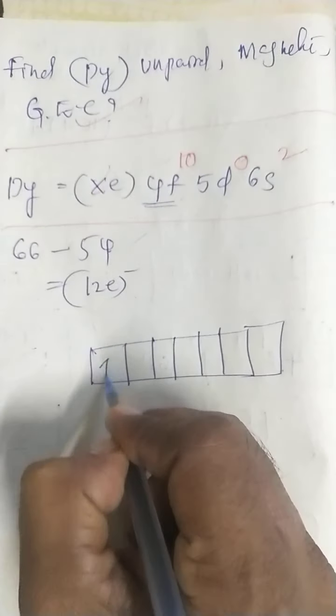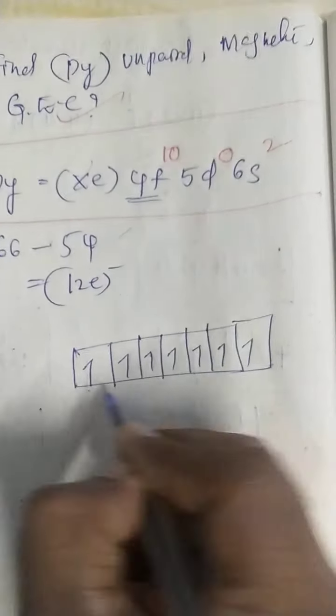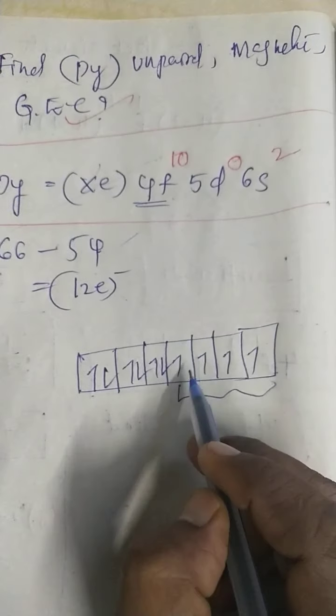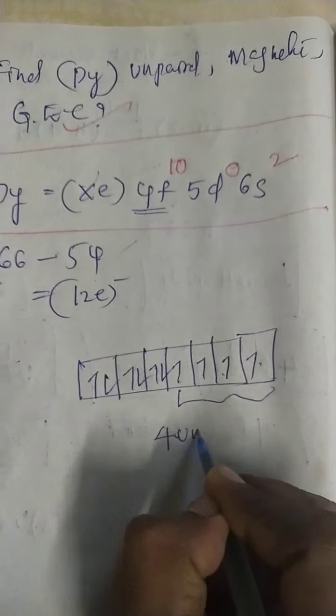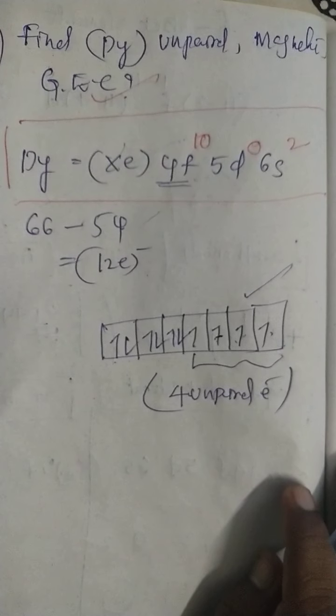So the 10 electrons, 1 2 3 4 5 6 7 8 9 10, give 4 unpaired electrons. Is it clear? With 4 unpaired electrons, it is compulsorily magnetic. So it is paramagnetic behavior, because unpaired electrons are there.